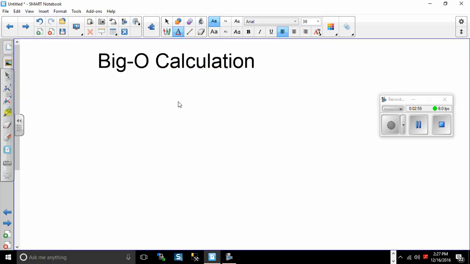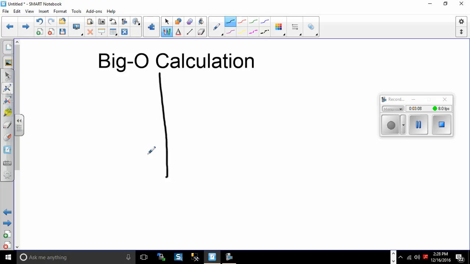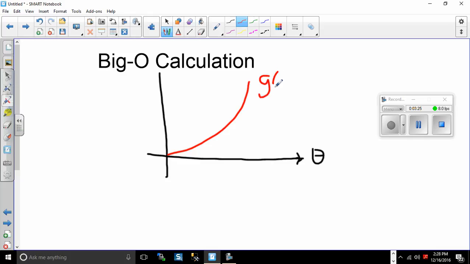In terms of a graphical depiction, suppose I have a graph that looks like this, where I have two functions. Let's let this axis be called the theta axis. And let me give you a graph that looks like this, and let's call this graph g of theta. So g of theta looks either parabolic or exponential in form.